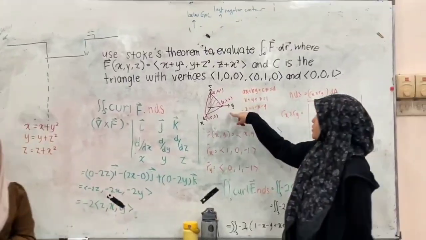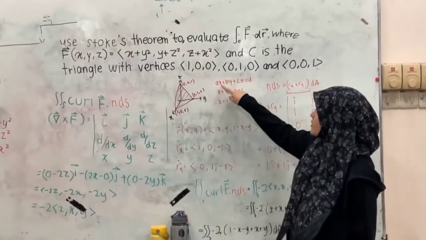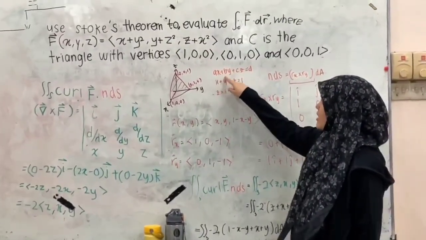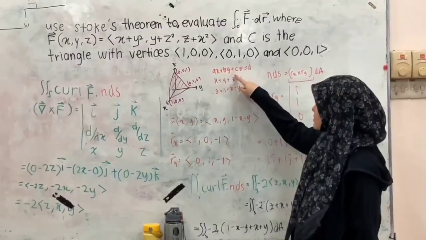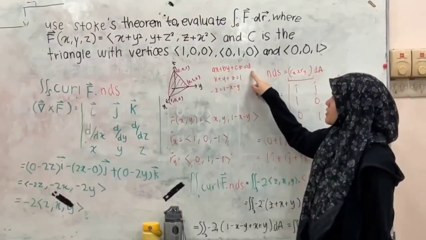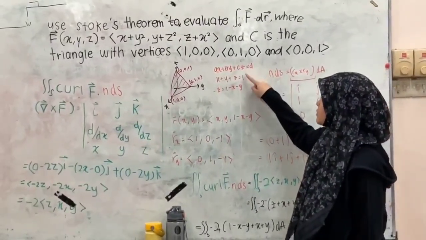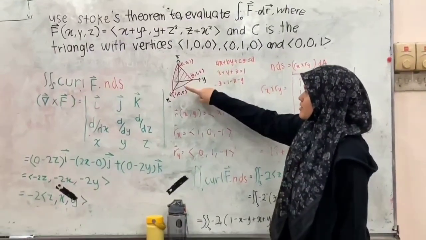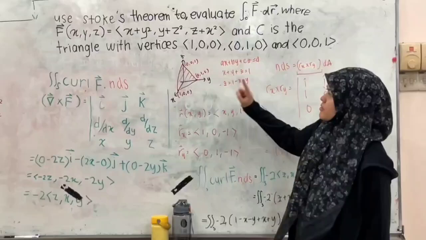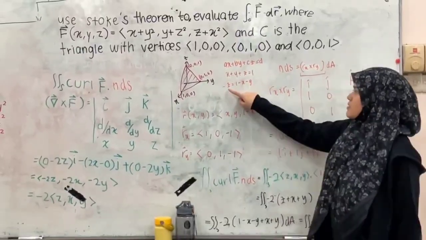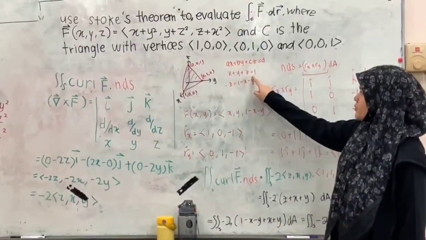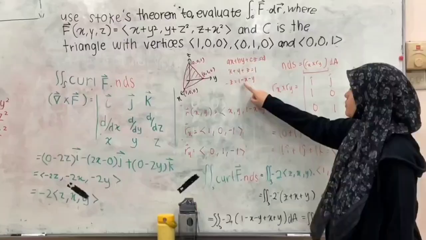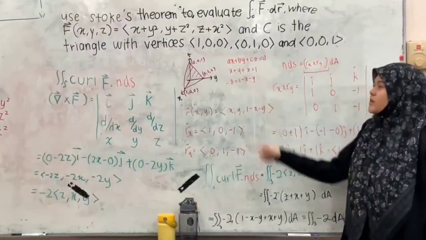From here, we will get the formula ax plus by plus cz equal to d. We assume d is 1 because the triangle is up, positive z. So from here we take out z equal to 1 minus x minus y.